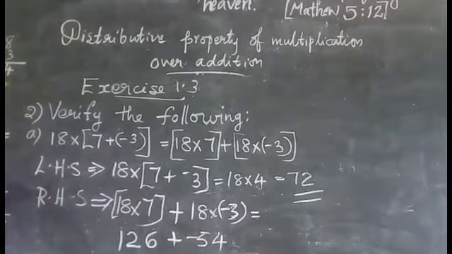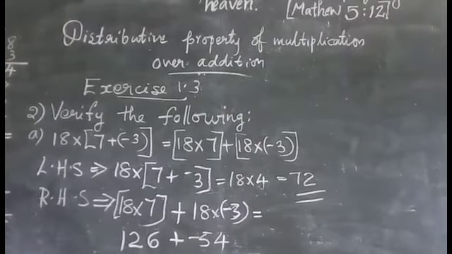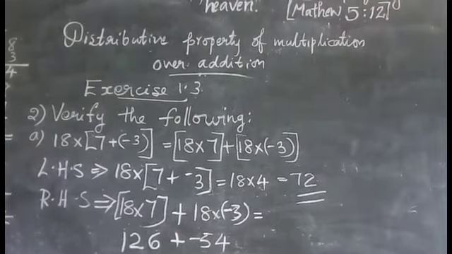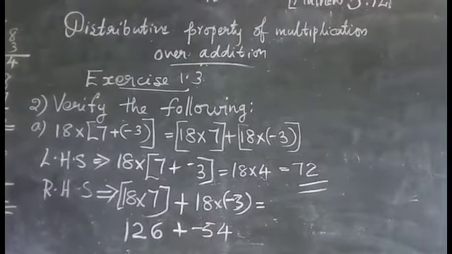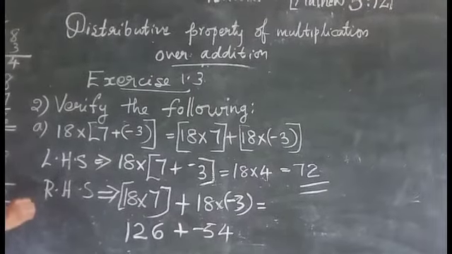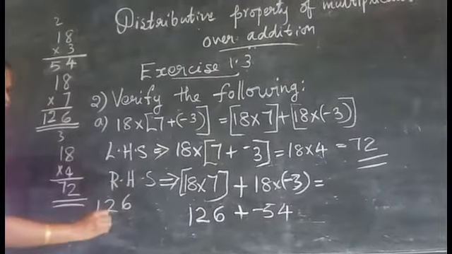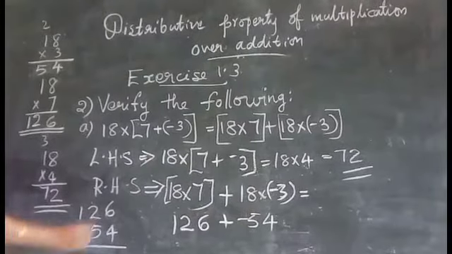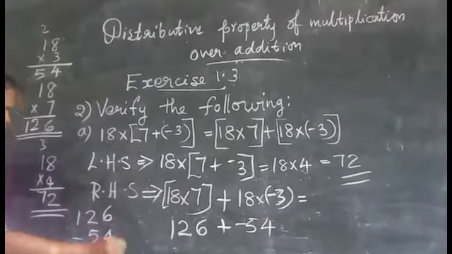One number is positive, the other is negative, so what can you do? That is the subtraction process. You find the difference of 126 and 54. What do you get? That is 72.